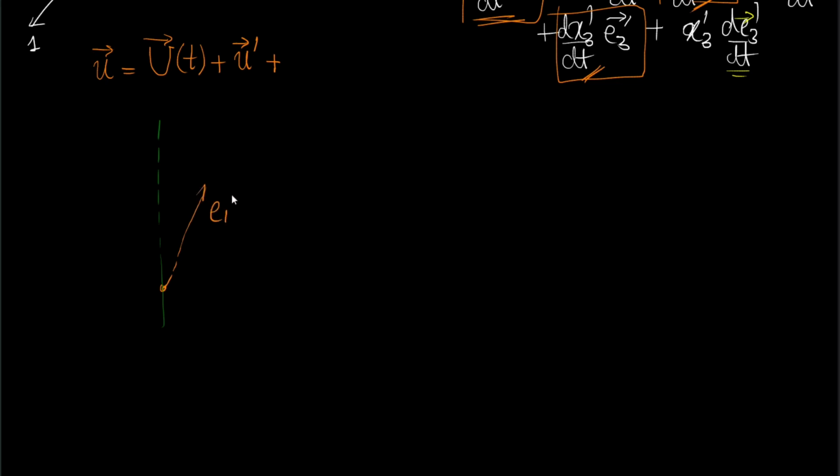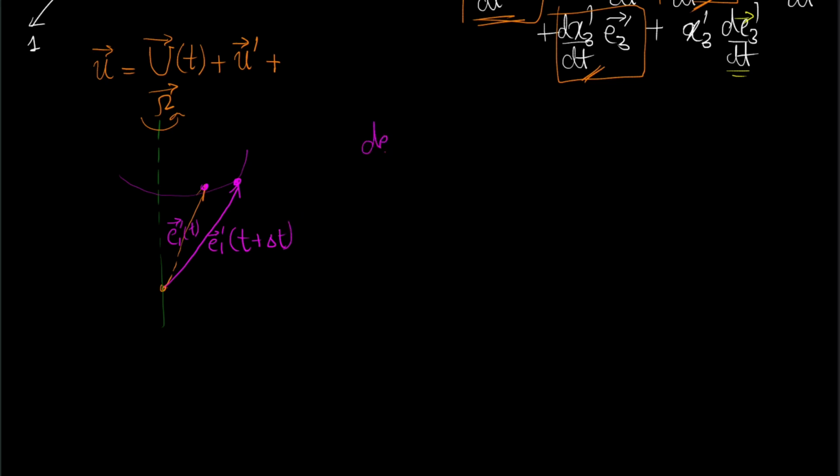Let this be E1 prime, and because of this rotation omega, this E1 prime will go somewhere over here. It is sort of rotating like this. So this is E1 prime at time t. This is E1 prime at time t plus delta t.